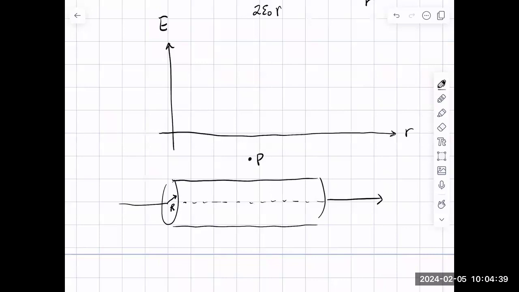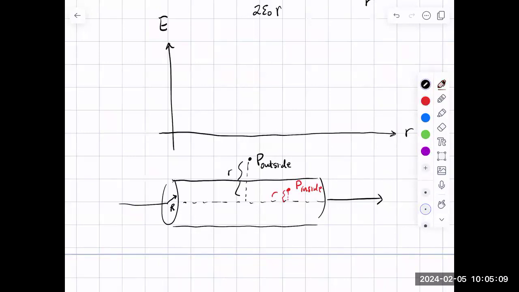So here would be a point outside of our cylinder. Let's call that P outside. And so in this case, r would be this distance. If we were looking at a point inside, maybe here, so we'd call P inside, then r would be this distance, the distance from the axis of the cylinder to our point.